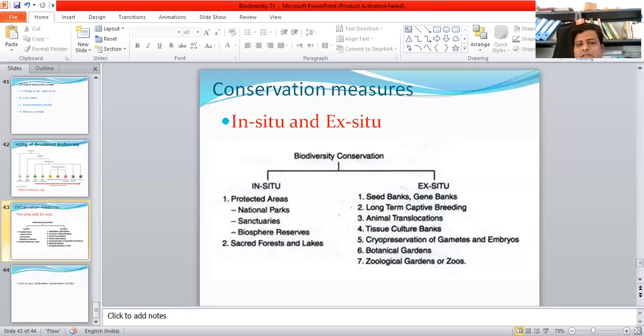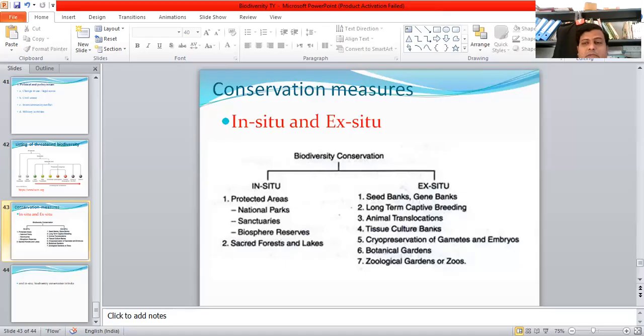Cryopreservation, as we already discussed, is a new technique used for conservation. The lowest temperature is minus 196 degrees Celsius. The material is stored in liquid nitrogen. The metabolic activities of the organism, sample or tissue that has been stored are suspended due to this low temperature.